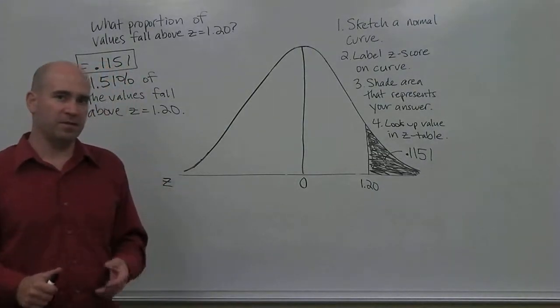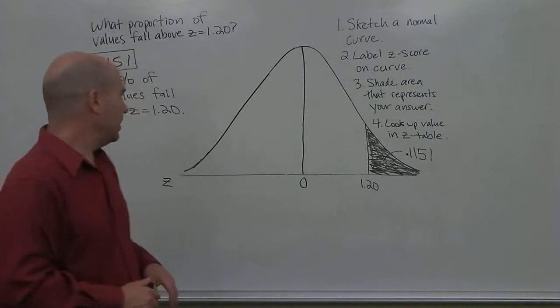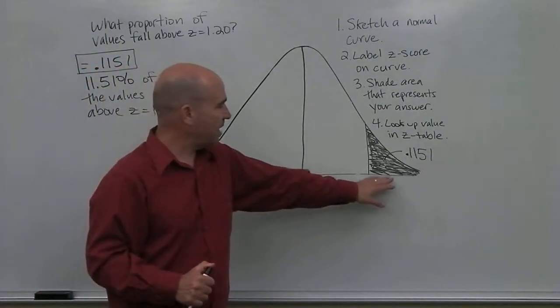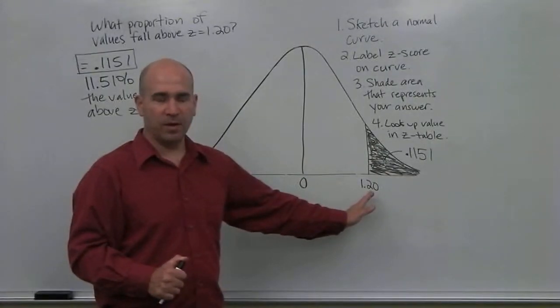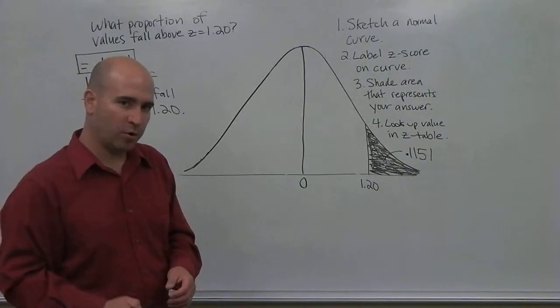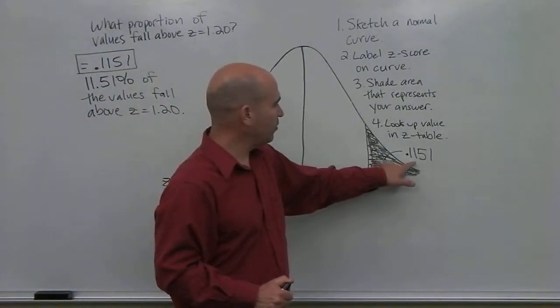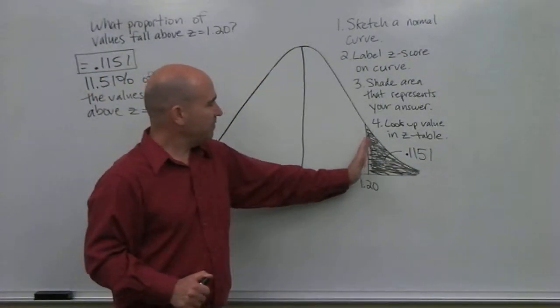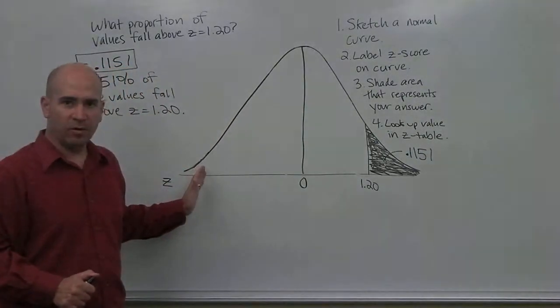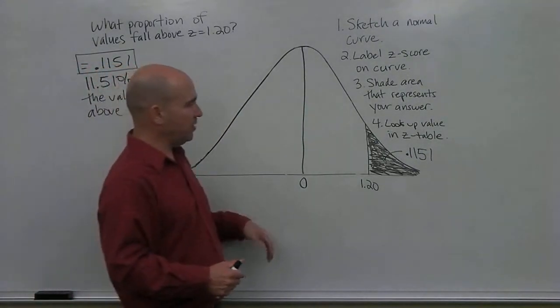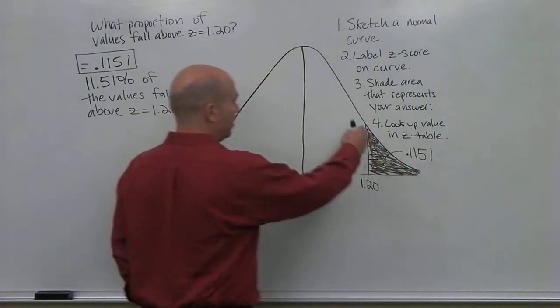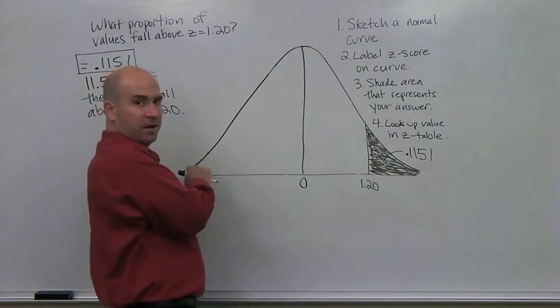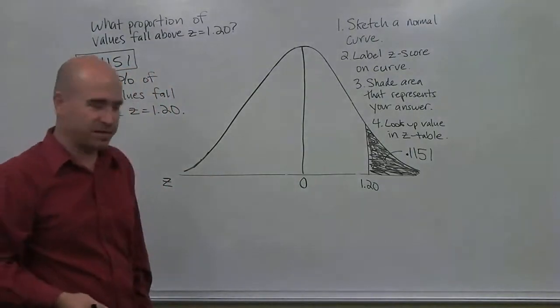One other thing, just for additional practice, if 11.51% of the values fall above a z of 1.2, or in the form of proportions, 0.1151, what values fall below 1.20? Well, we could look it up in our table, or you should recall that the entire area under the curve is 1.0.